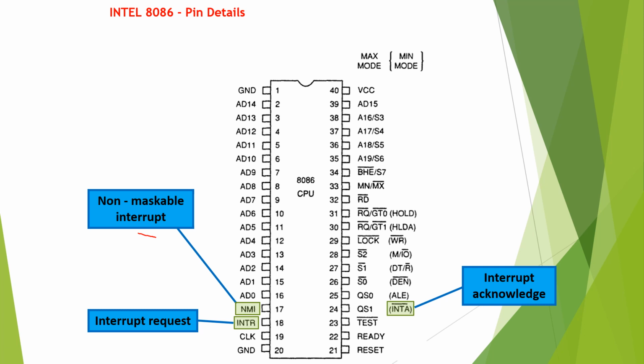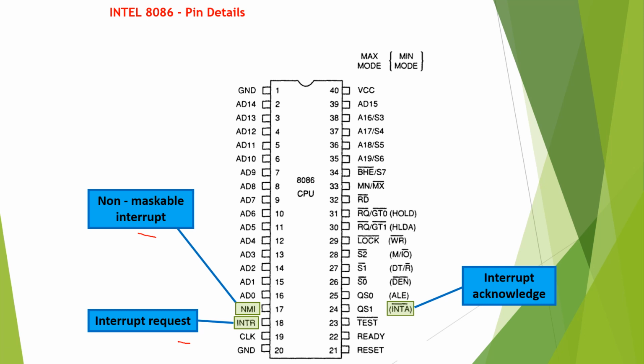Talking about the interrupt request pin, this is a level triggered input pin. It is sampled during the last clock cycle of each instruction to determine the availability of an interrupt request. If any interrupt request is pending, the processor enters the interrupt acknowledge cycle.